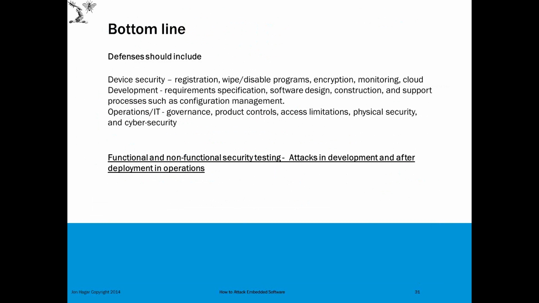Those may impact the security area. And then finally, I'd be remiss in not mentioning that the operations and IT operations side can play a big role in security. Not so much for the security testing crowd, but things like governance, product controls, limiting access, both logically and physically, and then the overall cybersecurity.